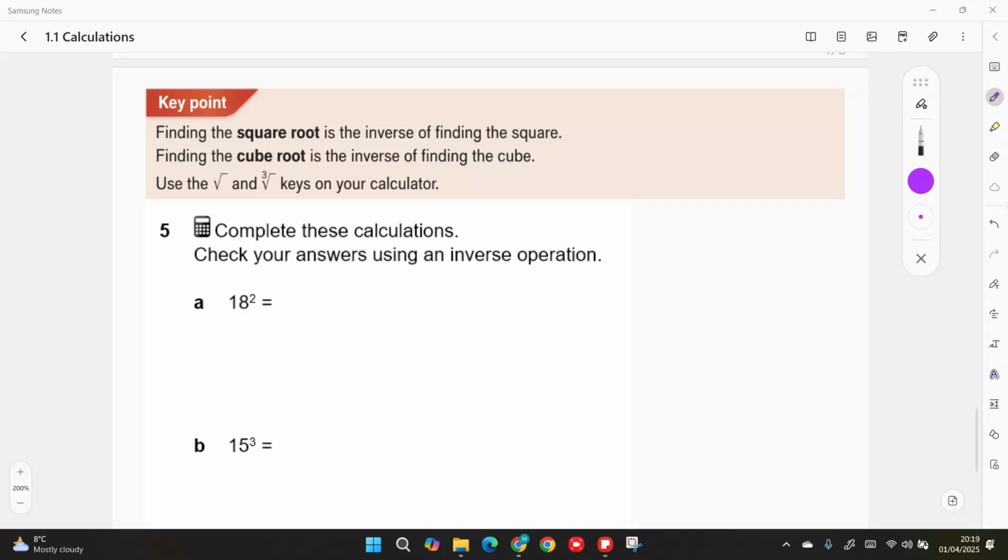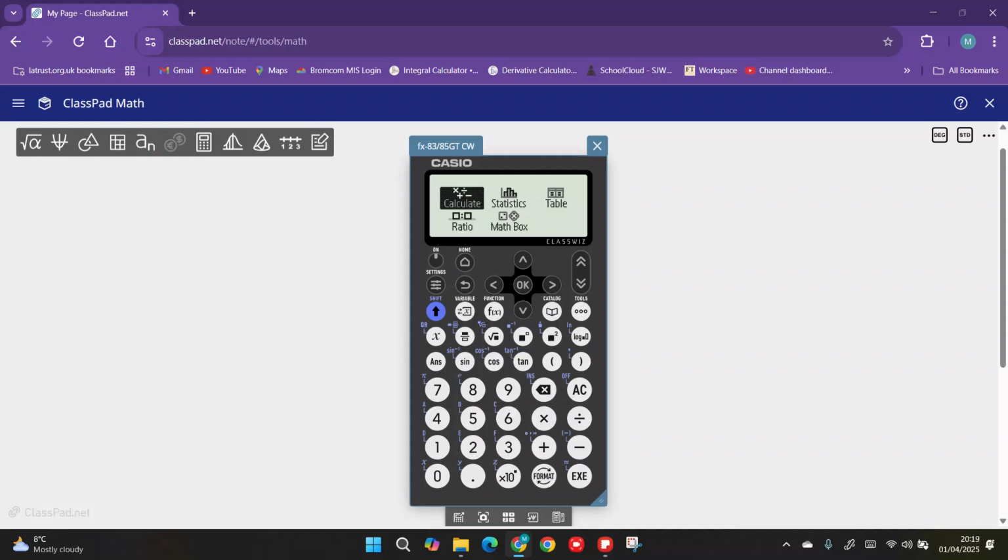The first one is 18 squared. So you go to your calculator and we type in 18 and we look for the button that says squared, and it's this one here. And you get 324.